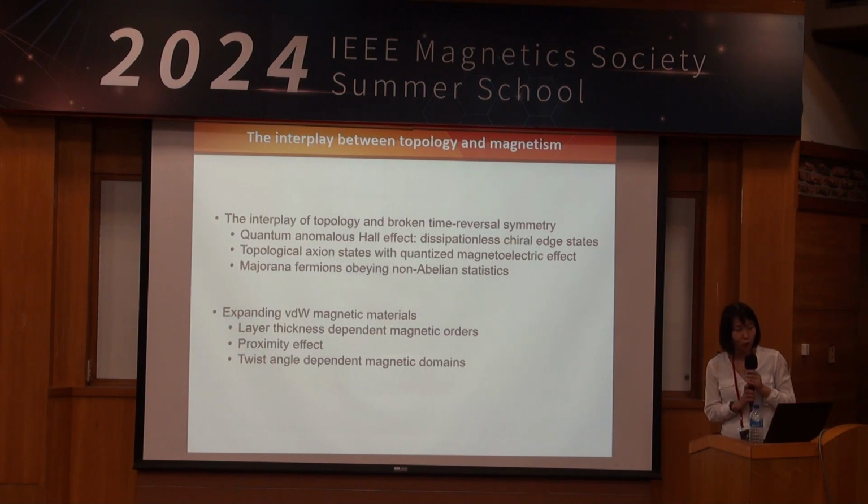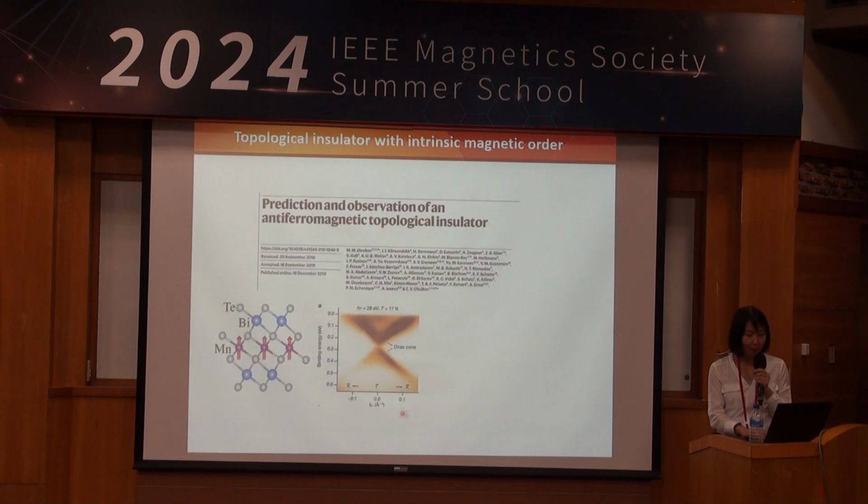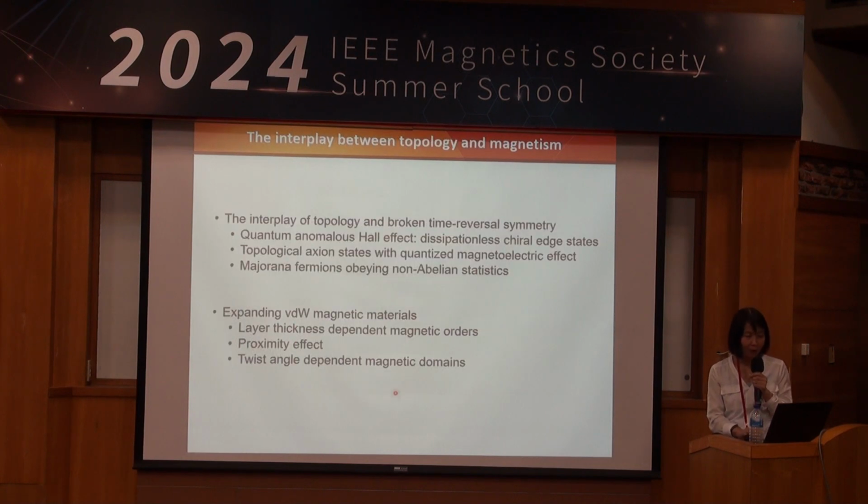Particularly, people are interested in this interplay between topology and magnetism. I just talked about these exfoliated van der Waals materials. They're also amazing for creating proximity fields. You can have these magnetic films that are perfectly terminated, with either ferromagnetic order or antiferromagnetic order.